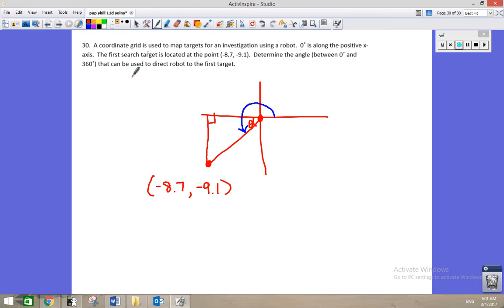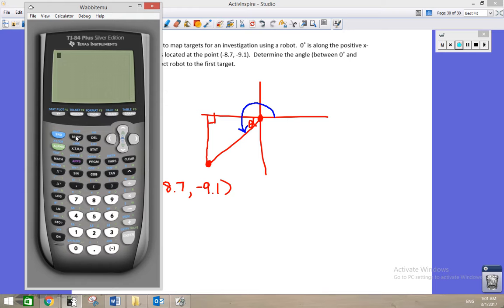So if I take the inverse tangent of the y coordinate divided by the x coordinate, the negative signs are going to cancel, so I'm not even going to bother keying them in. 46.29 degrees, but I need to add 180 to that for this problem.